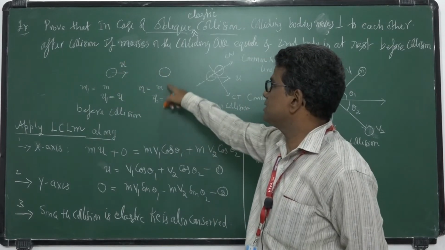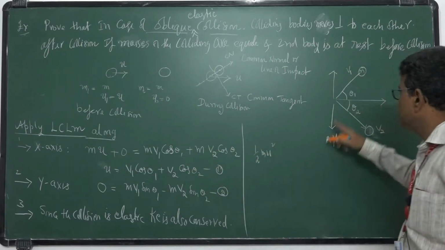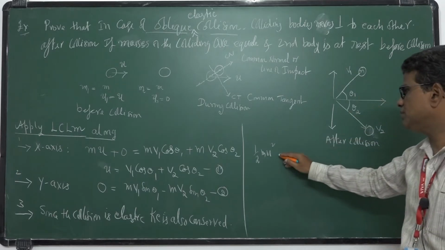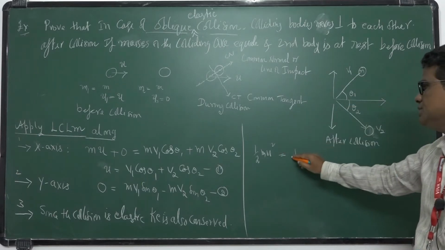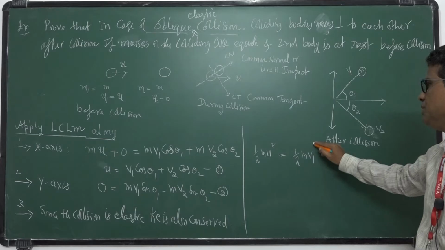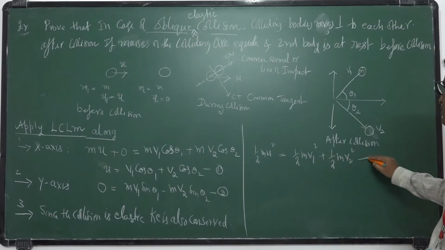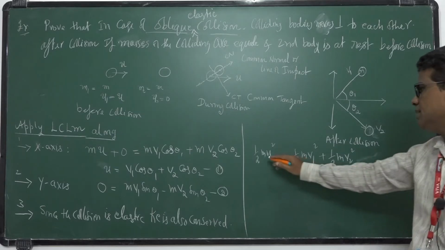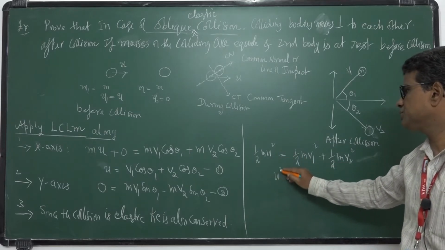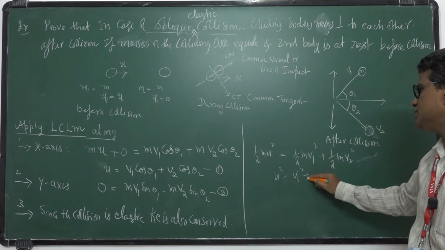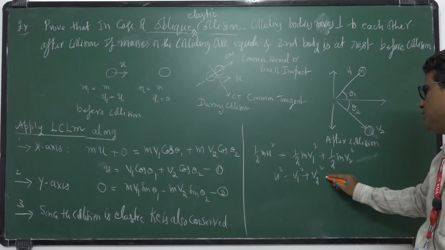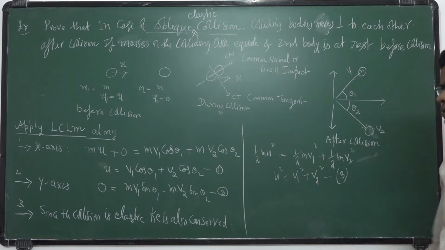Since the second is at rest, its kinetic energy is 0. After collision, the kinetic energy is half m v1 square plus half m v2 square. You cancel m and 2, and you will get u square is equal to v1 square plus v2 square. You call it equation 3.